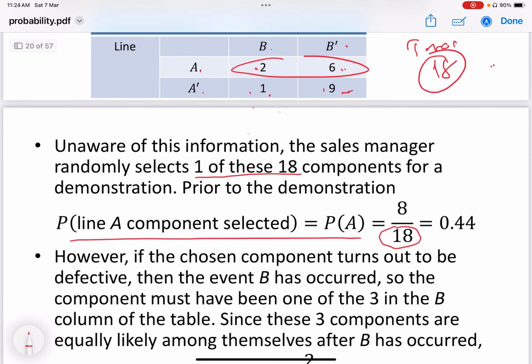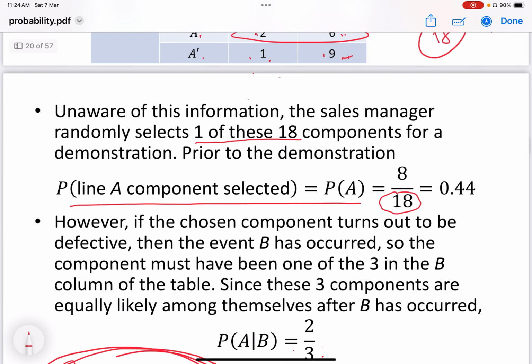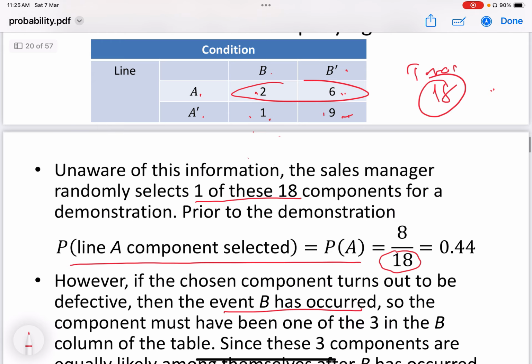So this is a very simple probability. But now let us see, however, if the chosen component turns out to be defective. So now we have already completed the event A. However, if the chosen component turns out to be defective, then the event B has occurred. How many defectives are there?